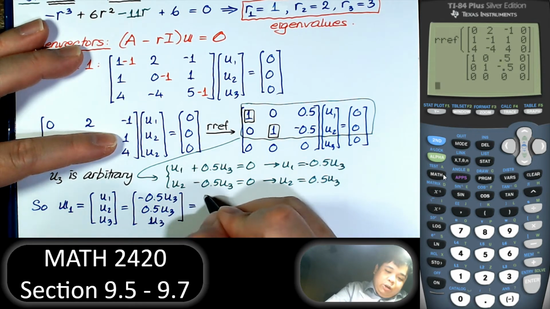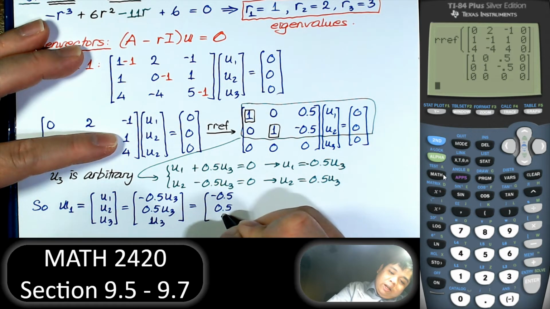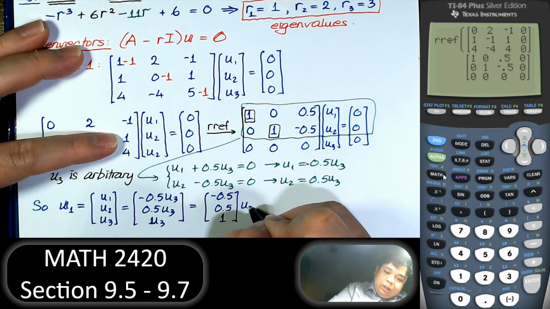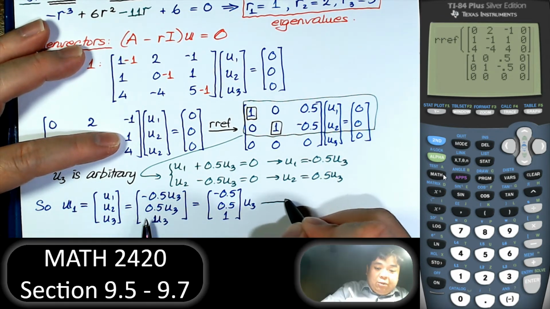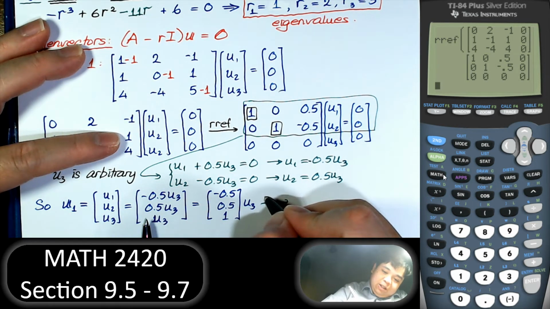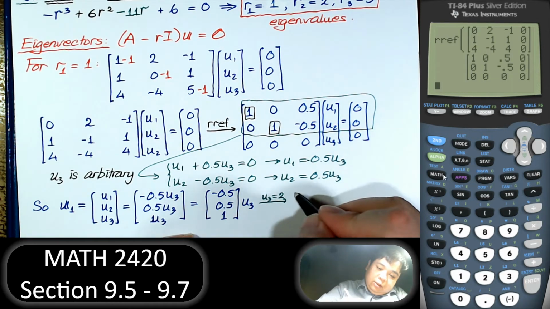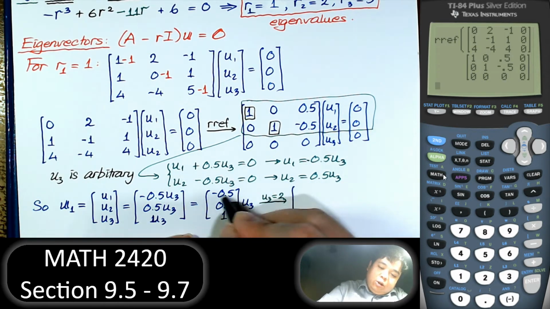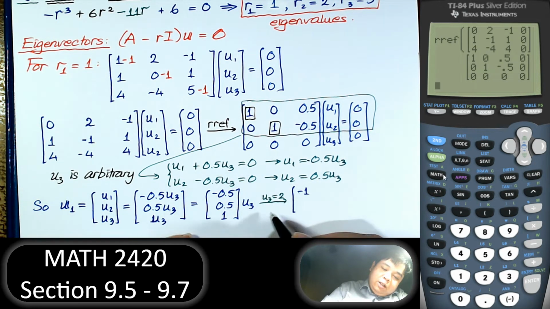Factor out the U3, we have negative 0.5, 0.5, and 1 times U3. Now if we choose U3 to be 2, we don't have to deal with the half. 2 times negative 0.5 gives us negative 1, 2 times 0.5 gives us 1, and 2 times 1 is 2.